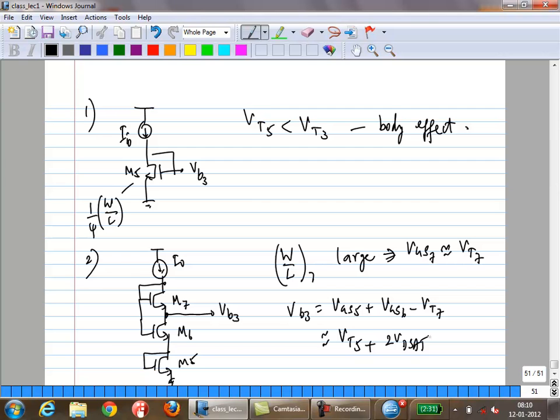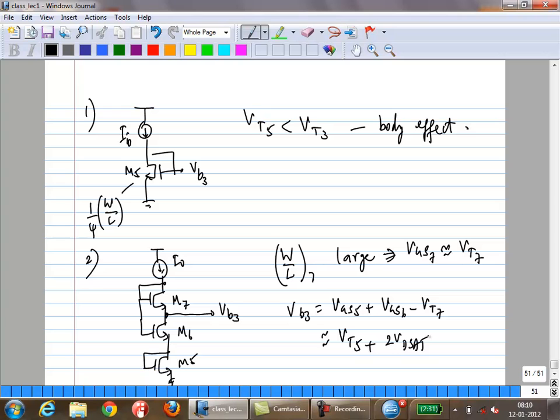M6 and M7 experience the body effect, so their VTs will approximately cancel, and you'll just get VT5 plus VDSat plus another VDSat from this. But again you have to remember that M7 experiences a larger body effect compared to M6, so again there will be some error compared to what you want.